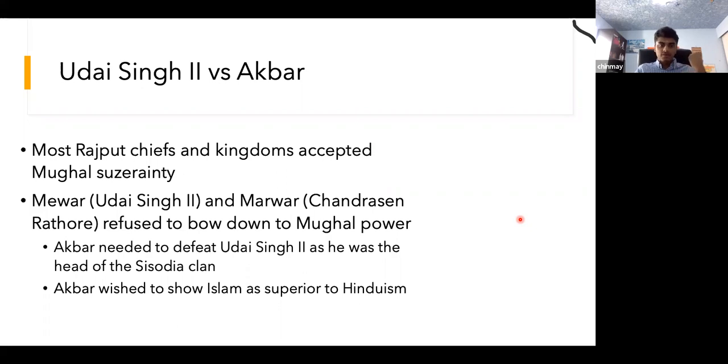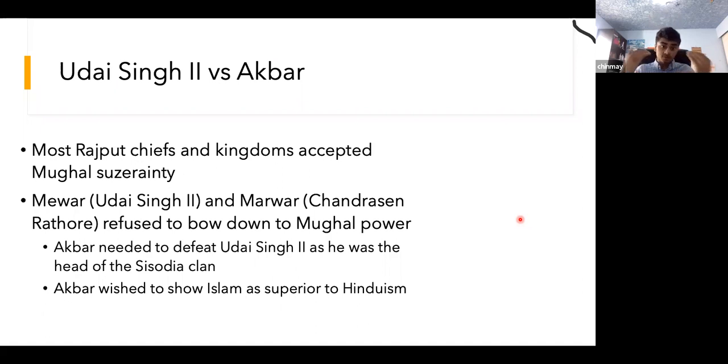So Akbar needed to defeat Uday Singh because Uday Singh was the head of the Sisodia clan. The Sisodia clan was a very well reputed, very dignified, very honorable, respected clan, especially in Rajputana. Now, if you can defeat the head of the Sisodia clan, that would give you power over a majority of Rajputana itself. And Akbar also wanted to show Islam as superior to Hinduism.